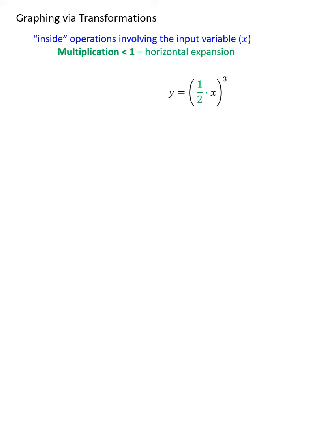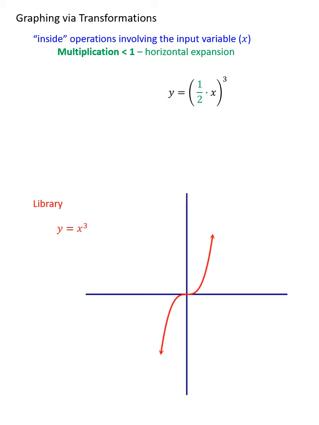Let's look in particular at the cubic, where we've multiplied the input variable by a half. So to graph this without a calculator, I would go to my library, take from memory what the cubic function looks like, and then because I'm multiplying the input variable by a half, I would stretch it horizontally by a factor of 2.